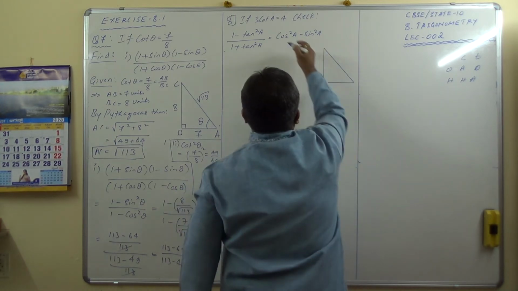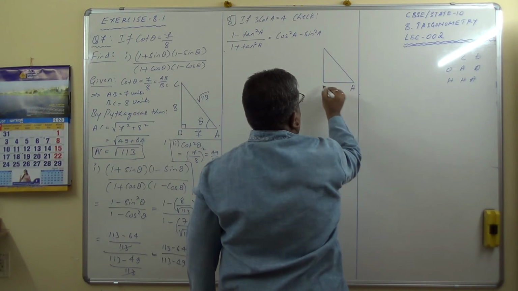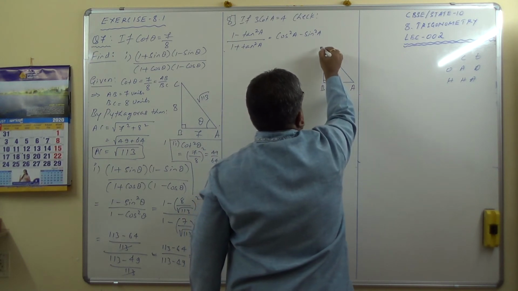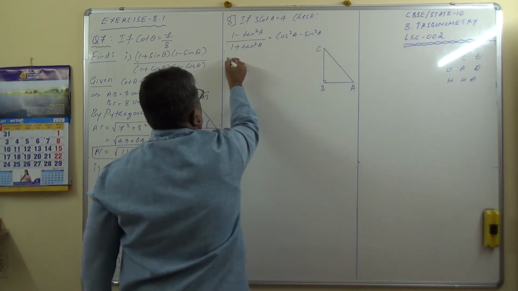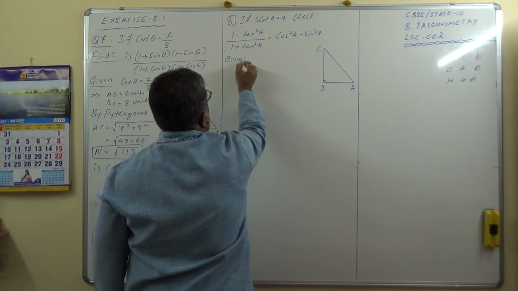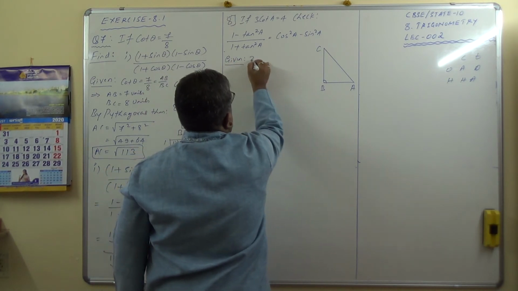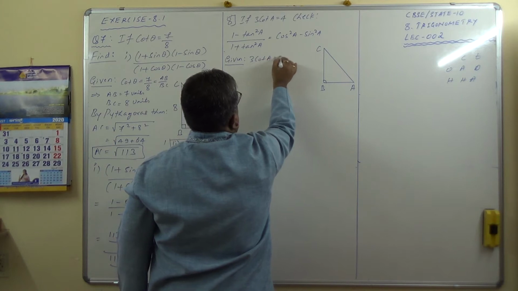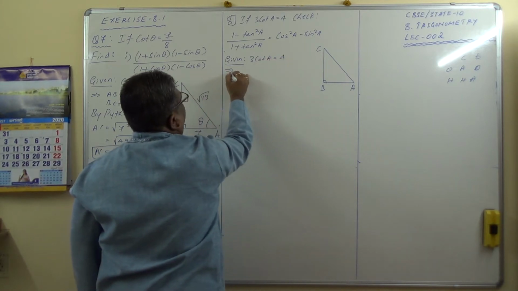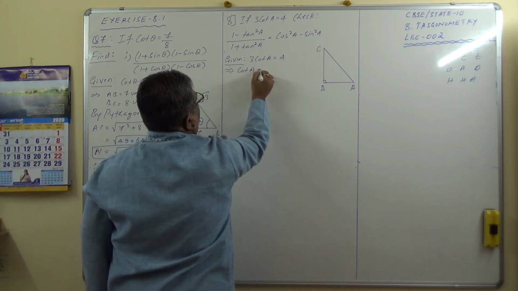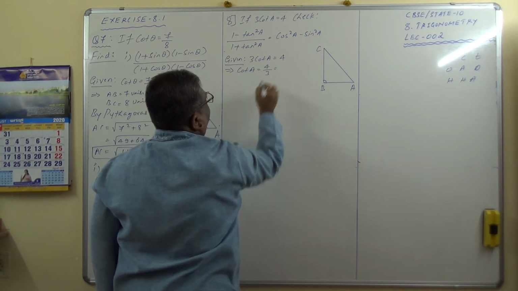So this is A, the reference angle, B is the right angle, C. Given 3 cot A equals 4 implies cot of A equals 4 by 3.